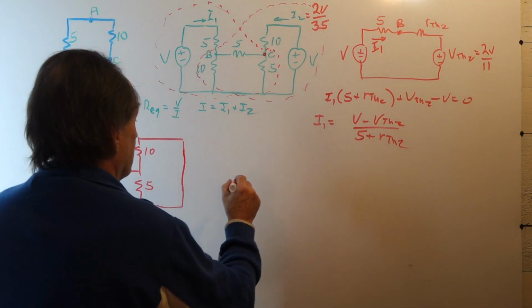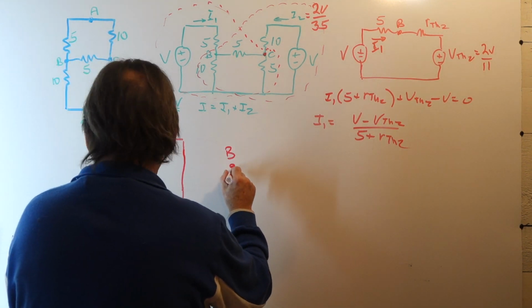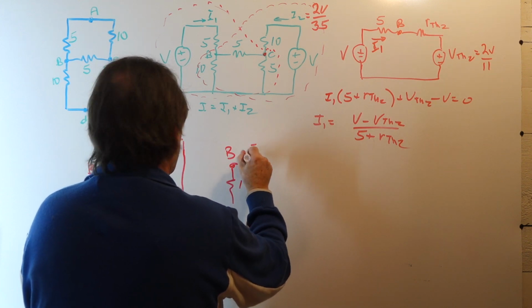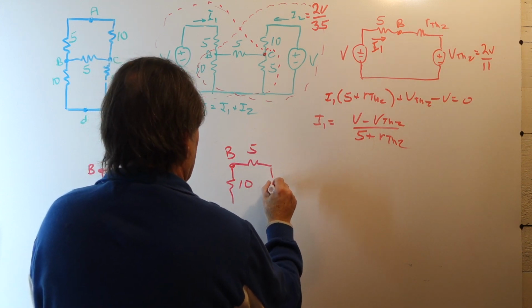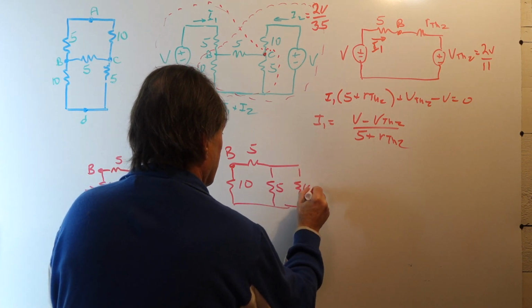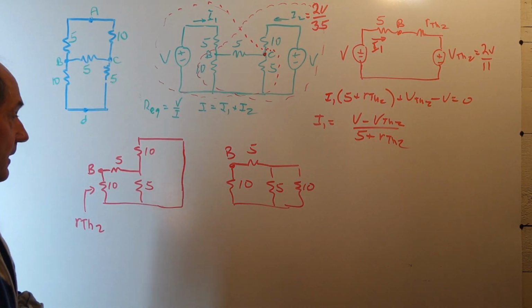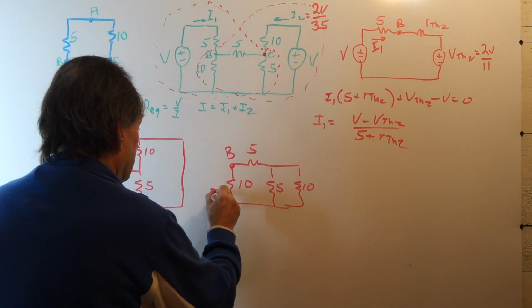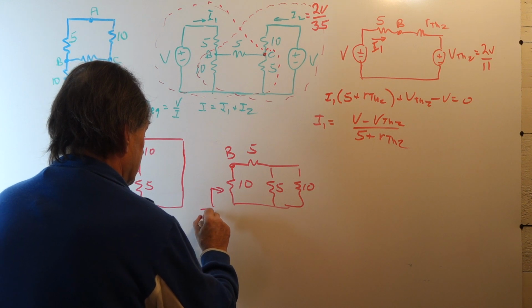So what we have here at B is 10 ohms, a 5 ohm, and then a 5 ohm and a 10 ohm in parallel.